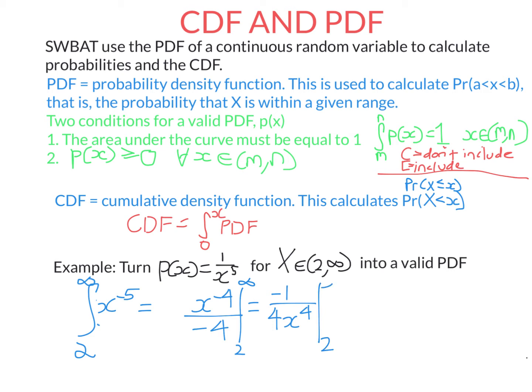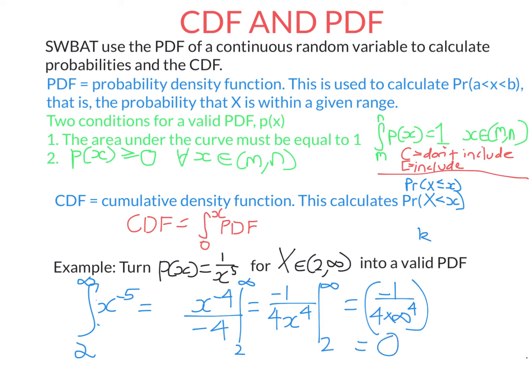Now we haven't actually done integrating to infinity before, but it's actually really easy. We're just going to substitute this into this function here. So if I substitute infinity, I get minus 1 over 4 times infinity to the power of 4. Think of infinity as a really large number. If you divide a number like minus 1 by a really, really large number, that becomes 0.